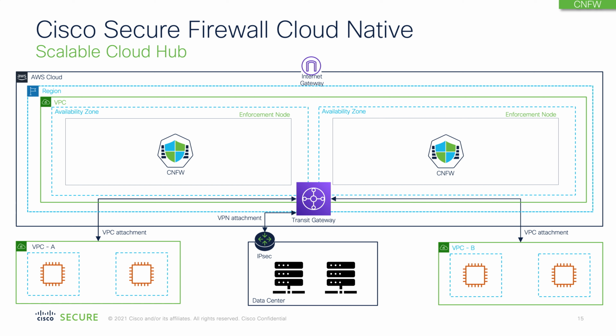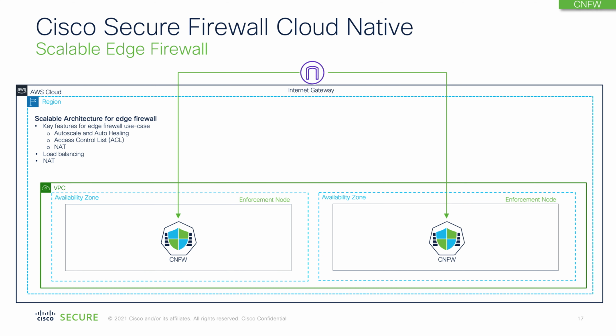And on the other side of that, you will have a connection going back to another VPC or your data center, or if you have other cloud providers as well, like Azure, GCP, OCI, you can connect back to those providers as well.